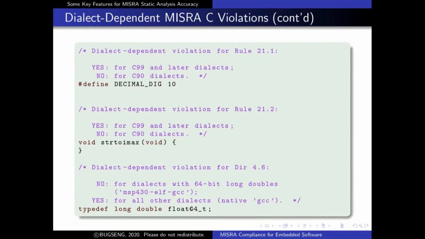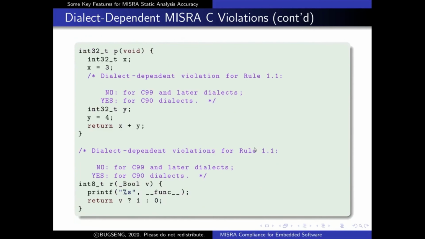Okay, but of course the number of bits should be explicit, but also should be correct. So it is okay when long double is really 64-bit, but it is not okay when long double is not 64 bits. Okay, so again, this is a dialect dependent violation.